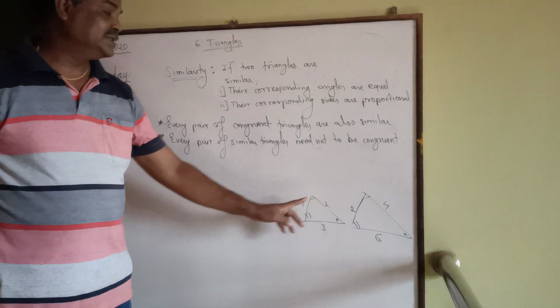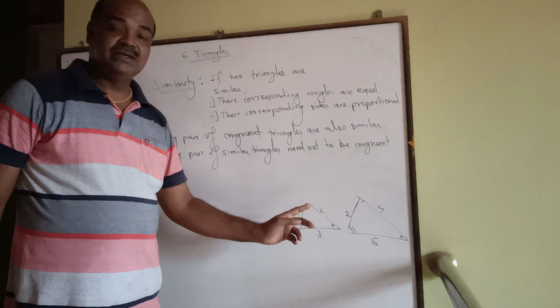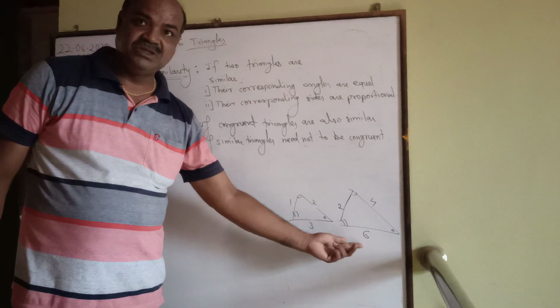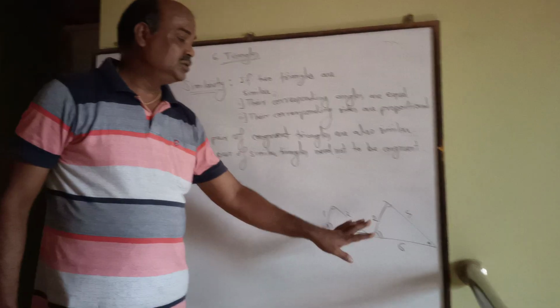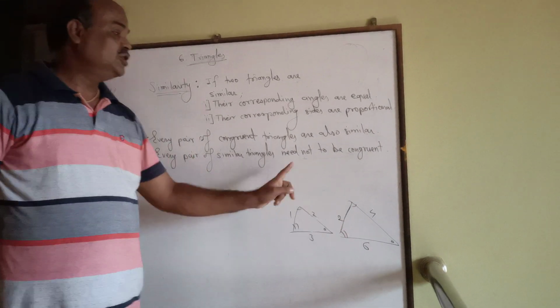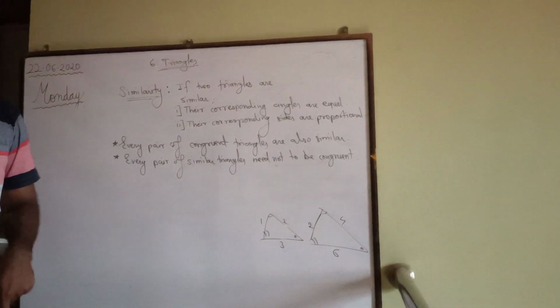But their corresponding sides are not equal. Still, their ratios are same. 1 upon 2, 2 upon 4 means 1 upon 2, 3 upon 6 means 1 upon 2. That means, although these two figures are similar, they need not be congruent. These are not congruent. So, note down students all this.